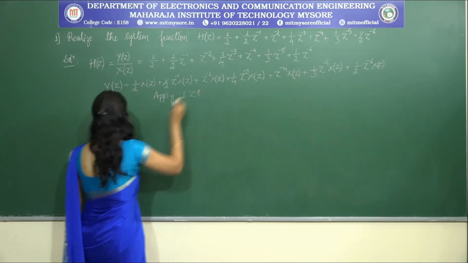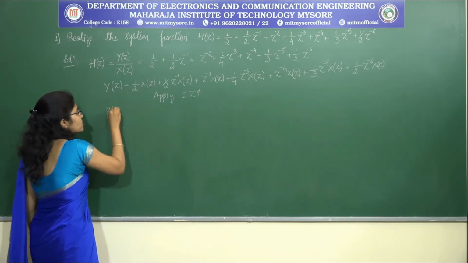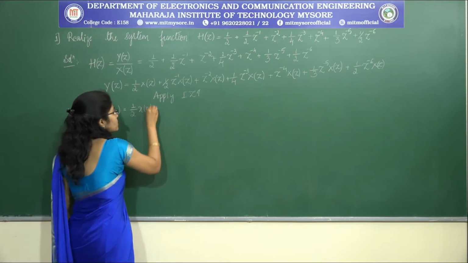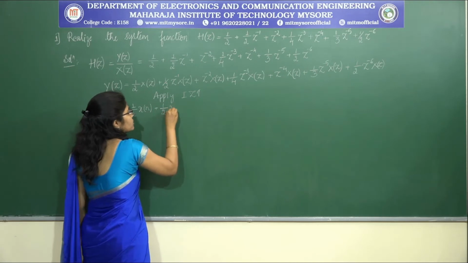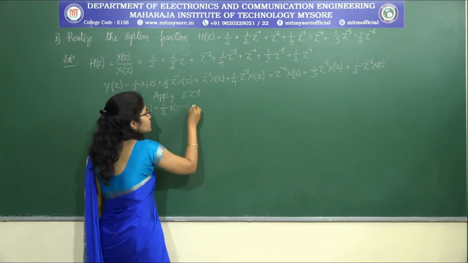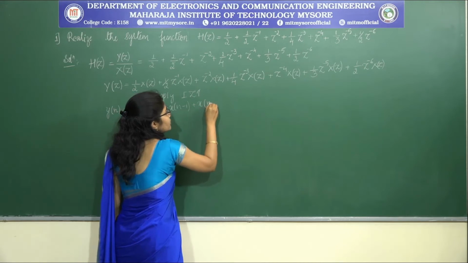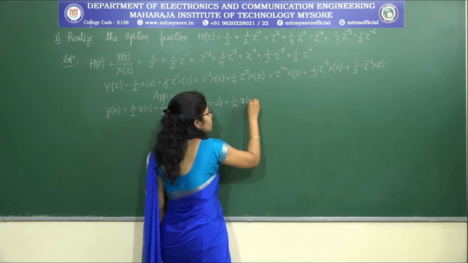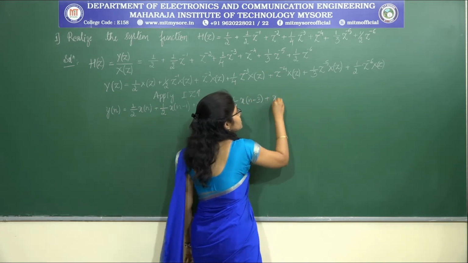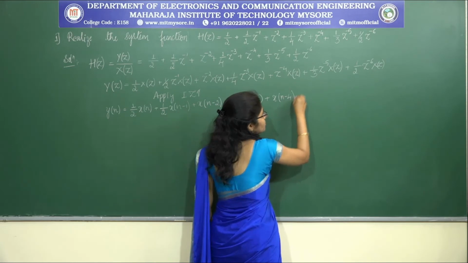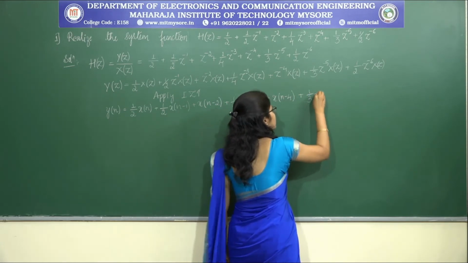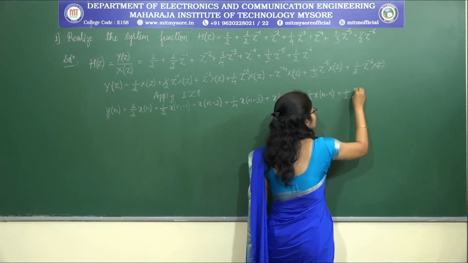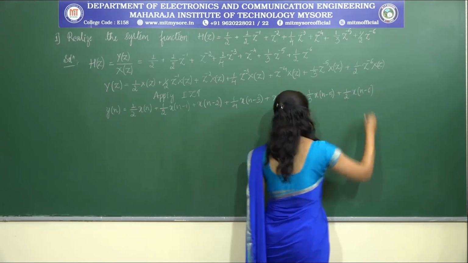If I apply inverse z transform, y(n) will be equal to 1/2 x(n) + 1/2 x(n-1) + x(n-2) + 1/4 x(n-3) + x(n-4) + 1/3 x(n-5) + 1/2 x(n-6).